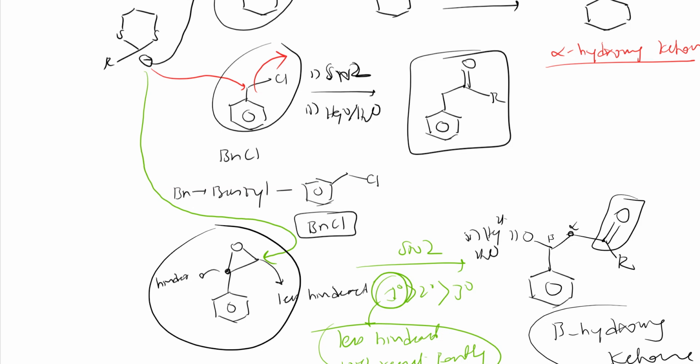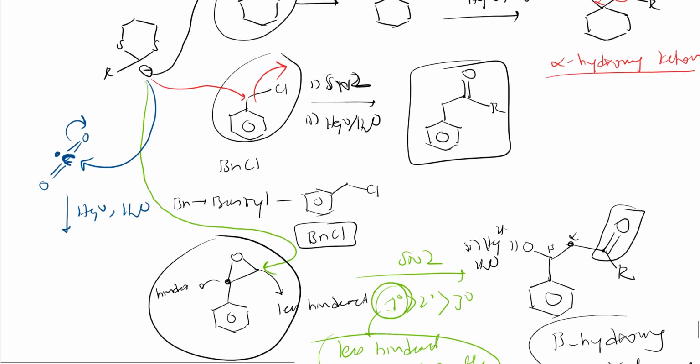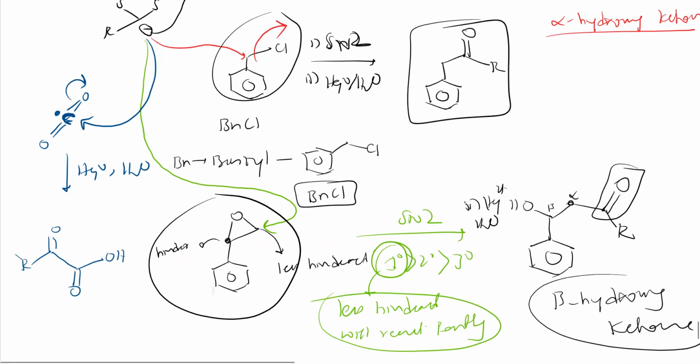Further, if I make use of carbon dioxide, simple carbon dioxide, this carbon will be electrophilic. So again this electron density will attack here, this will go out, right? So when I add HgO in presence of water, directly I will write the product. You should be able to write this now. So R here double bond O, this R attached to this carbon, here it has OH, and here double bond O. So this is nothing but a carboxylic acid for me.